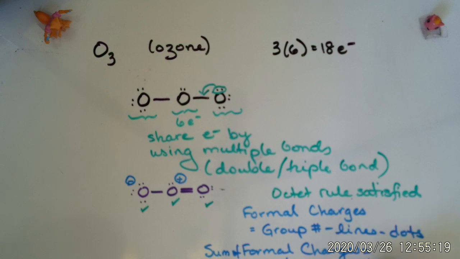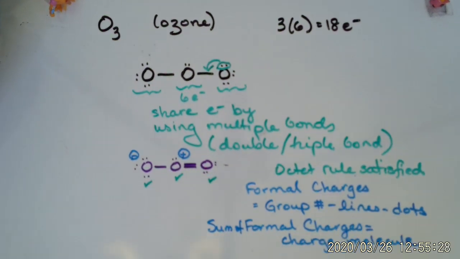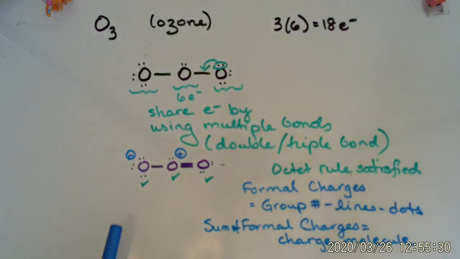So if it's an ion, it'll be the charge of the ion. If it's a molecule, it is basically the charge of the molecule. In this case, it sums to 0. So that's how we look at coming up with ozone. It follows the octet rule, and we did our formal charges.